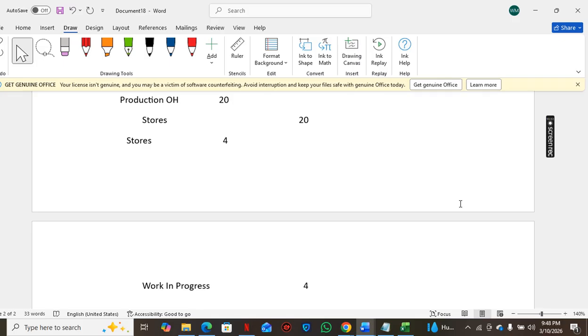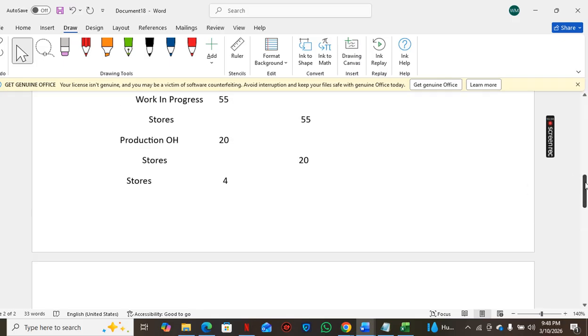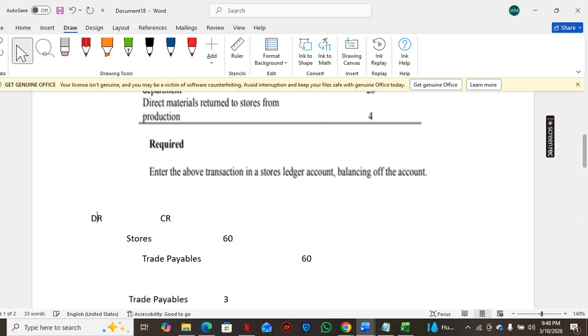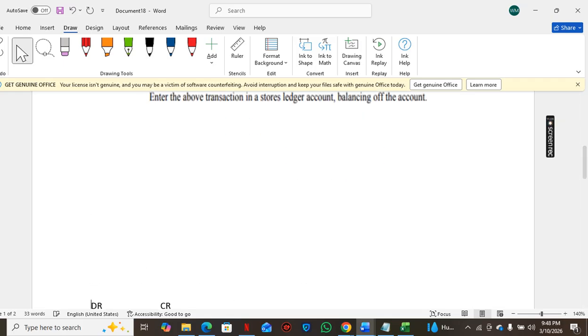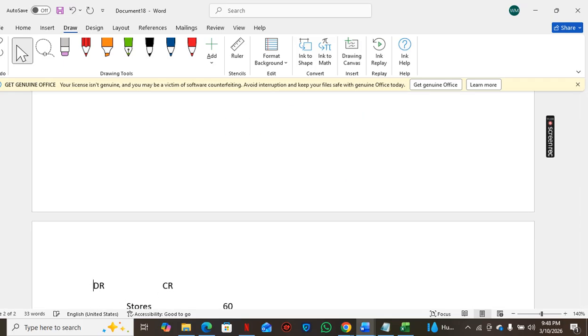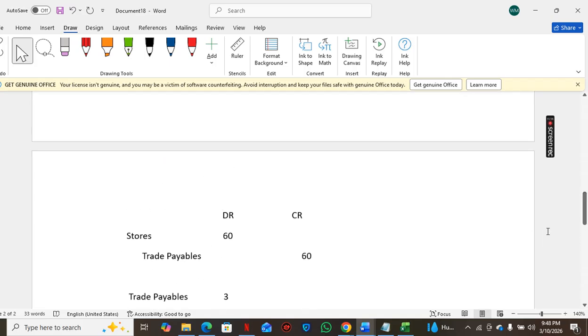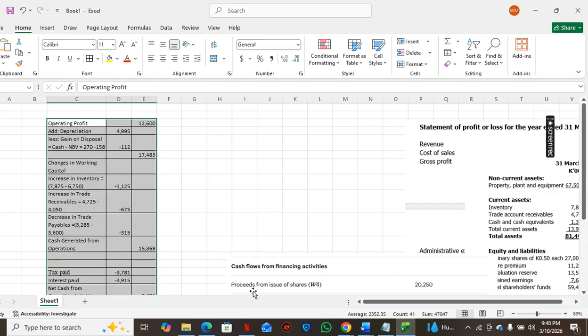Any questions, colleagues, before we now make the T account and balance it off? Okay, we make the T account. The stores ledger.